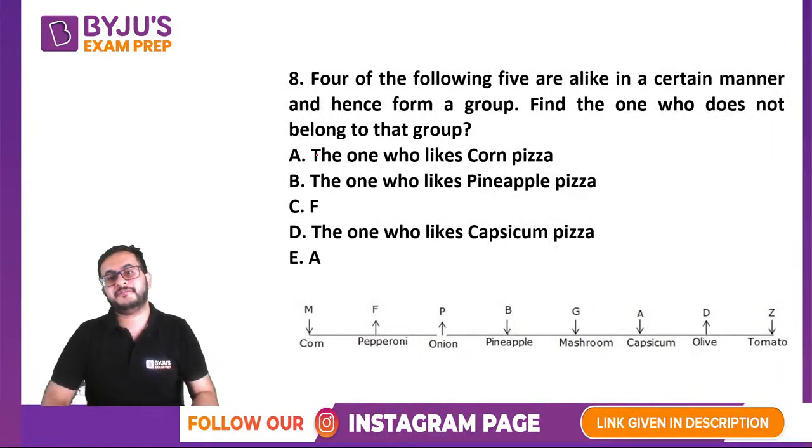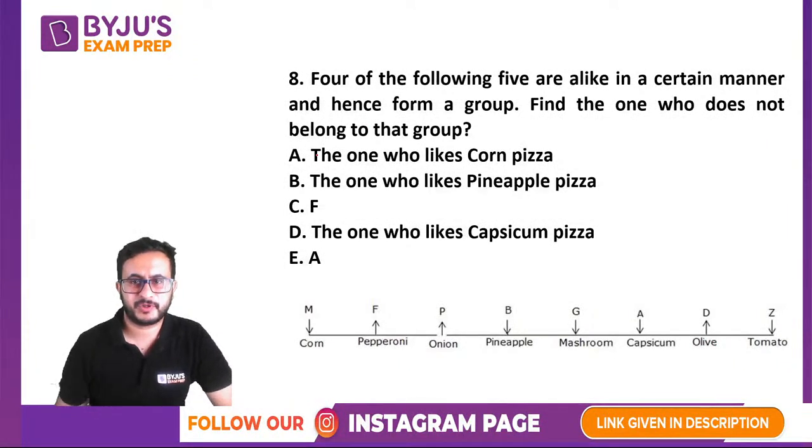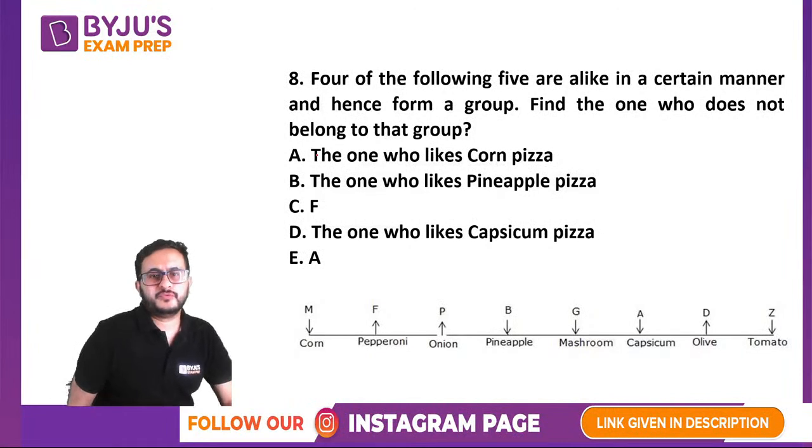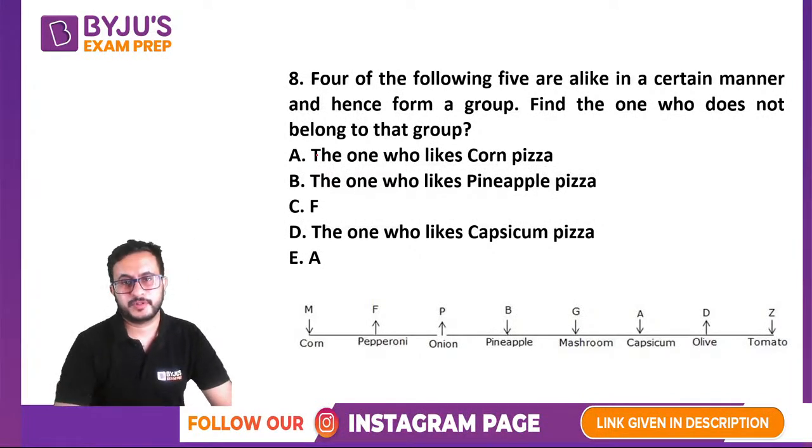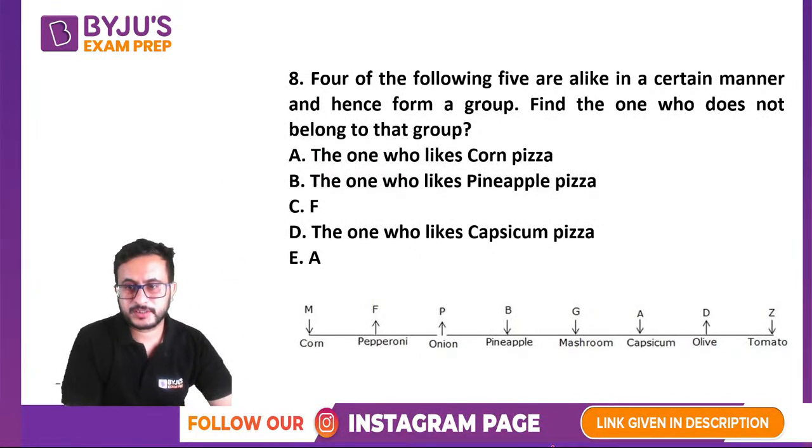Four of the following five are alike in a certain manner and hence form a group. You have to tell who does not belong to that group. Corn pizza, so corn pizza is M. Like pineapple pizza, pineapple is B. Then F. Then one who likes capsicum pizza, so capsicum is this.